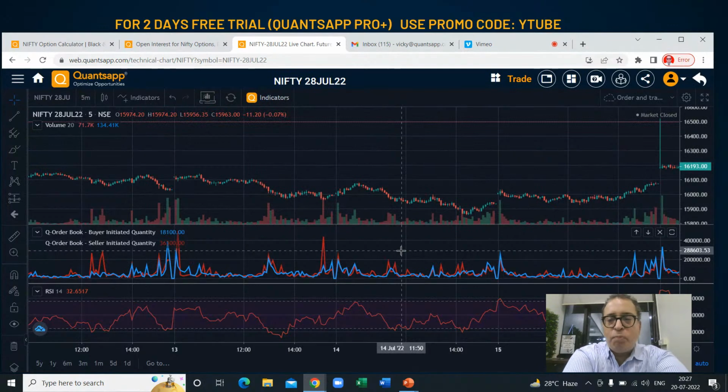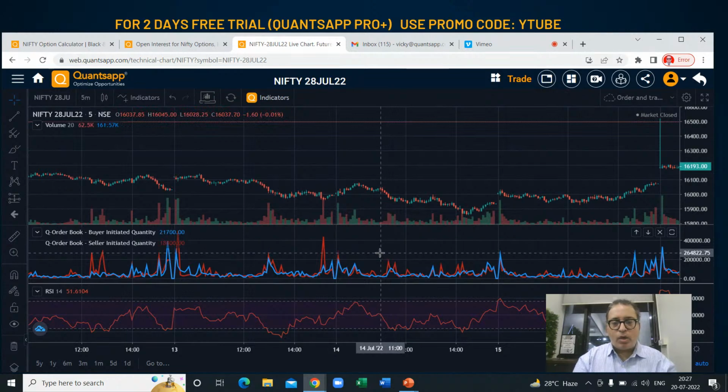In the order and trade book, which Quantsapp has, which clearly indicates what is the order flow on a real time basis, not just the best five traders visible on the window of an Odin terminal or Omnisys terminal or anything of that sort. But what we try to tell you is that there is an order flow which is available here. So the entire order flow data, the entire order book can be studied here to a certain degree.